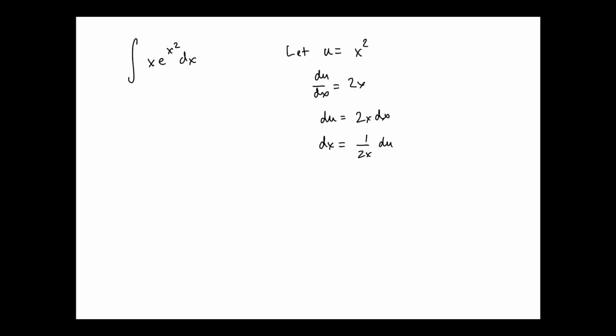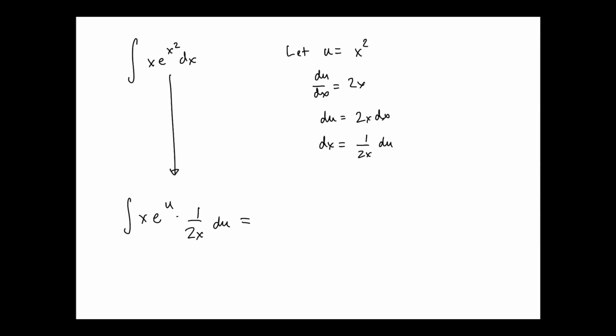Okay, so we're cool with that part. Now, let's substitute. What did I call x squared? u. dx, I just said, was 1 over 2x du.